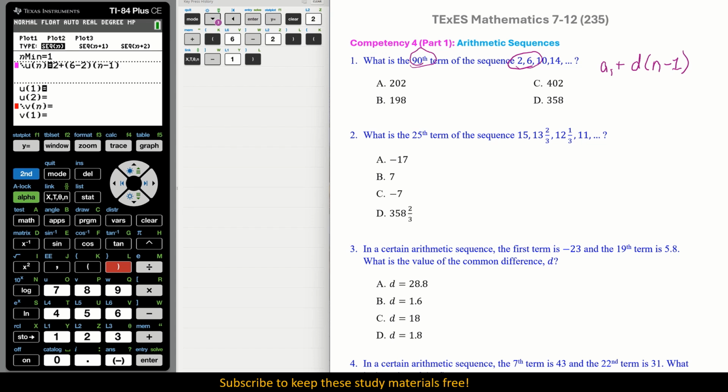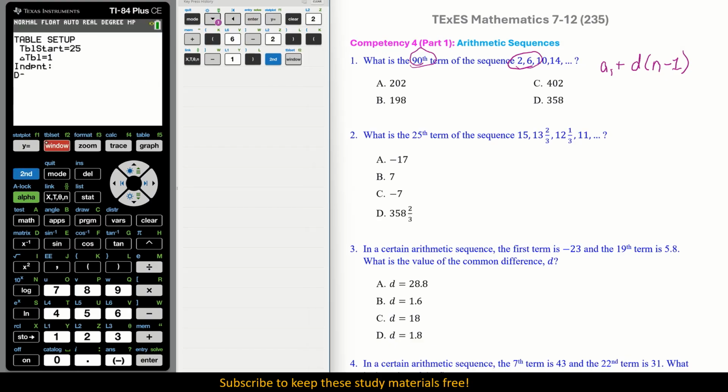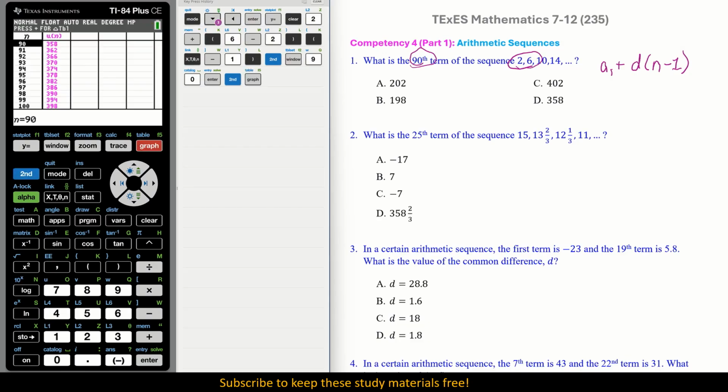Be careful going to table and graph first. You may clog up your calculator's memory, okay? It happens every now and again to me on both the computer and my handheld. All right, so let's go second window. Now I need to go to number 90 first, 90. Now, and sometimes I push enter to make myself feel better. You don't have to. Now let's do our second graph to get our table.